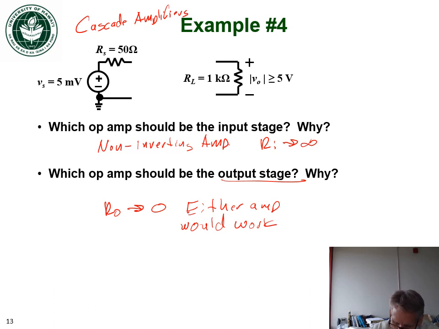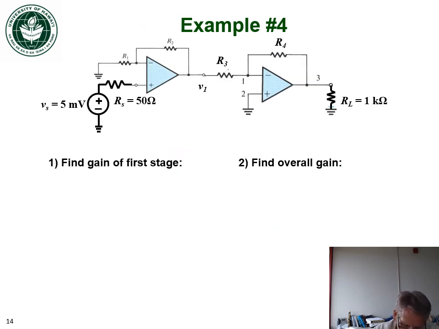So if we cascade a non-inverting with an inverting here, well, we can figure out the total gain. First thing we would do is find the gain of the first stage. So the gain of the first stage here, that is the gain to V1.